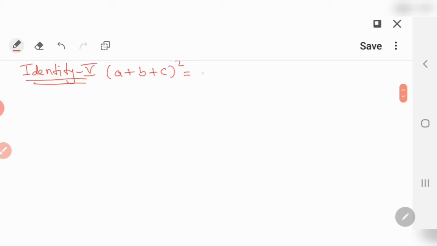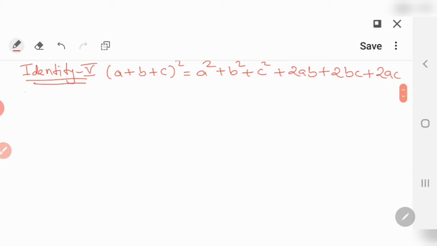So you will get a square plus b square plus c square plus twice ab plus twice bc plus twice ac, correct? Now let us see how we derive this value.